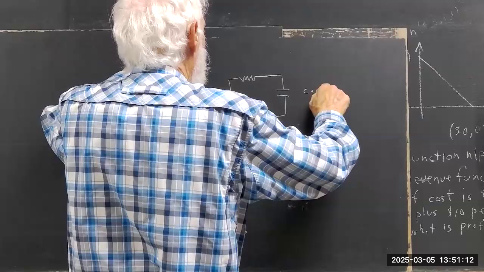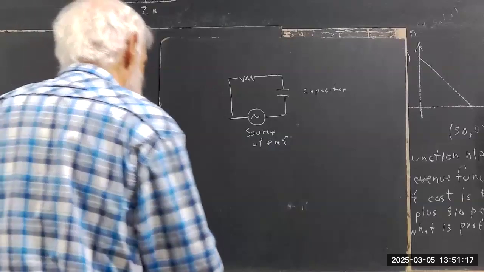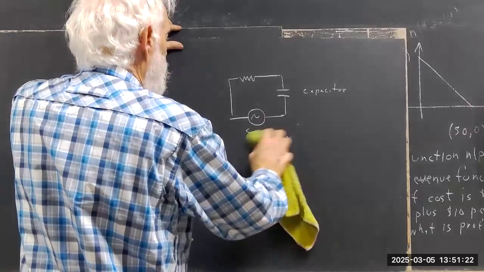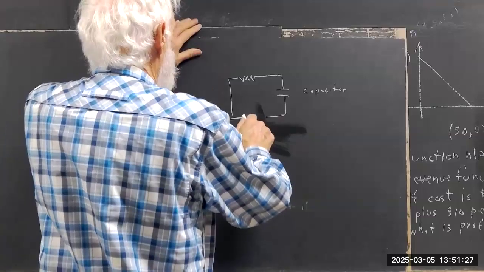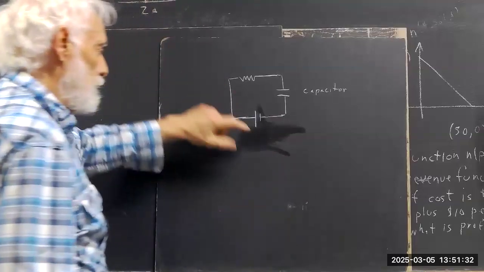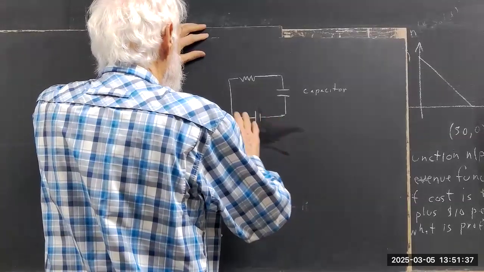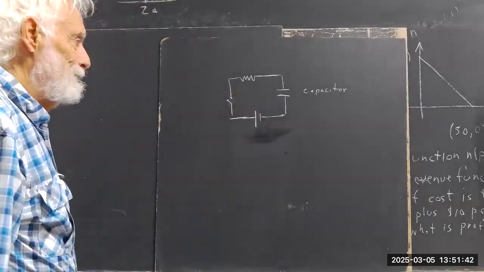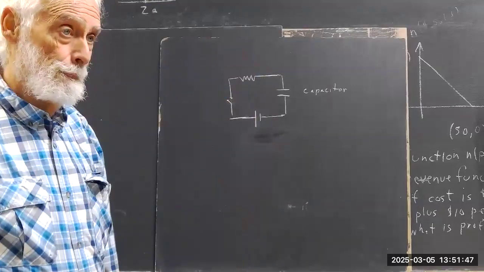You got a capacitor here. Well, let's say this source could be an alternating source, like AC circuit. It could be something else. This is your symbol for like a battery. And this is a symbol for a switch. You've got a battery, switch, some kind of resistance, and a capacitor.